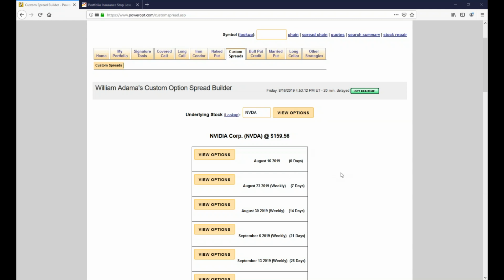Okay, so if we're talking about buying, my initial thought is it has to be the 170. Okay, why? Well, because the stock's at 159. You're going to September, which is 35 days away.